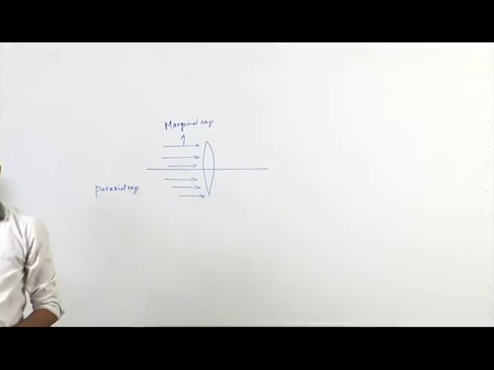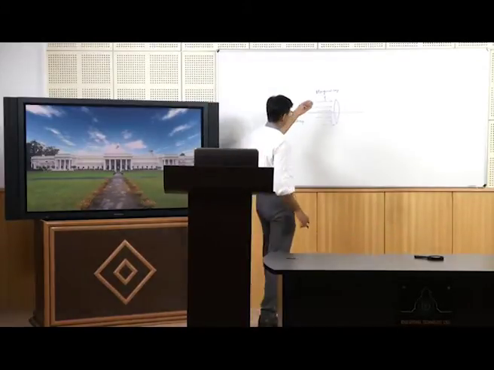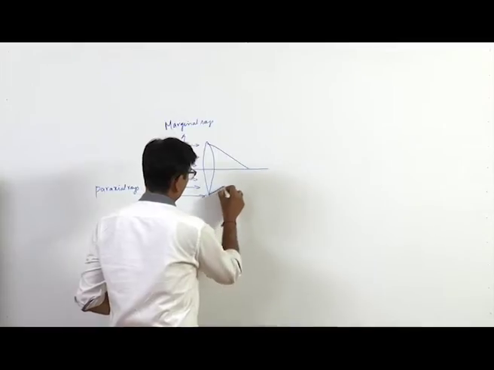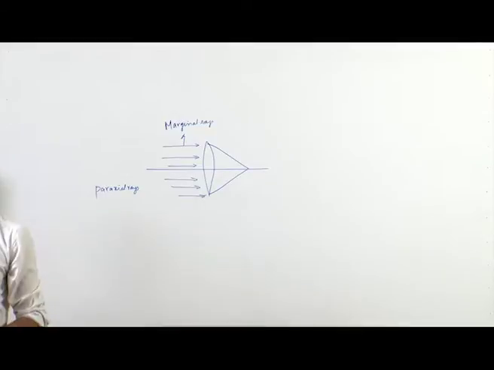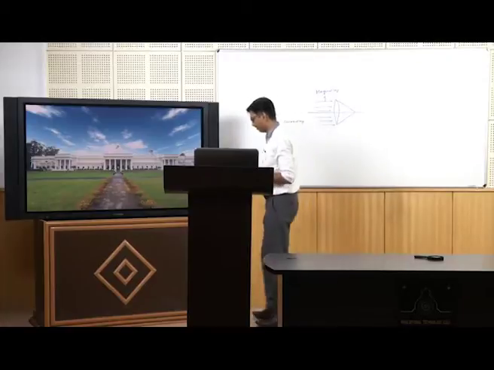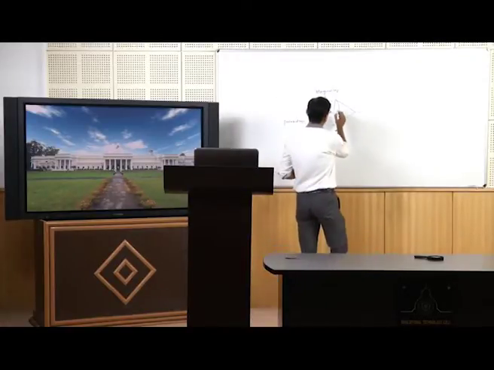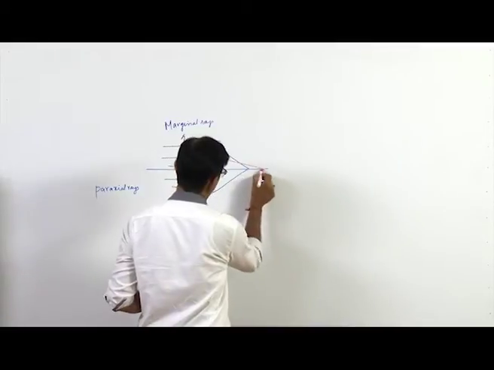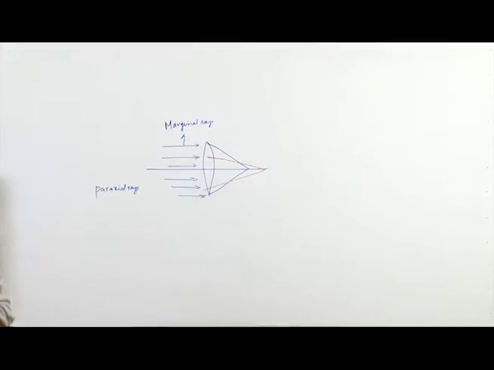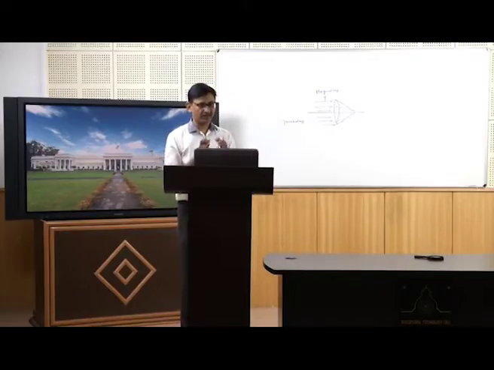Now, spherical aberration says that the marginal rays focus at a focal point which is closer to the lens, and the paraxial rays, let me draw them with some other pen, focus at a position further away from the lens. So, there are two focal points depending upon which part of the lens the rays are converging from.